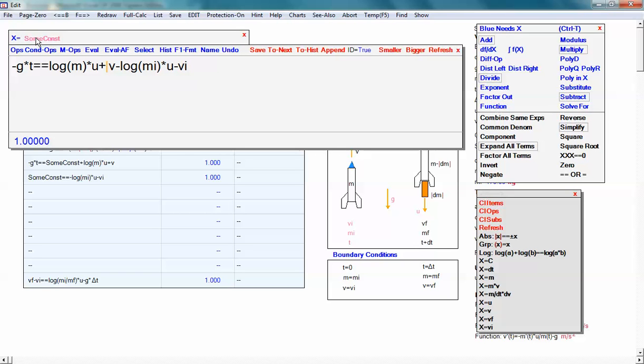I'll go up here, do a right click and put a t in my auxiliary slot and then do a solve. So that's my formula for t, but that's not what I wanted. I want to know what v is in terms of t. So I got to go up here and put a v in my auxiliary slot and do a solve for v. Okay, now I have a formula for v in terms of t.